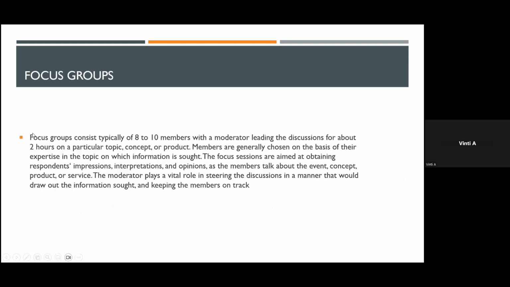Okay, and then a focus group is where you have 8 to 10 members and a moderator. It's like a group discussion. You ask one question and you have different perspectives, with different people saying something. You moderate the discussion, then you ask another question, and then you try and identify common points and points of disagreement.